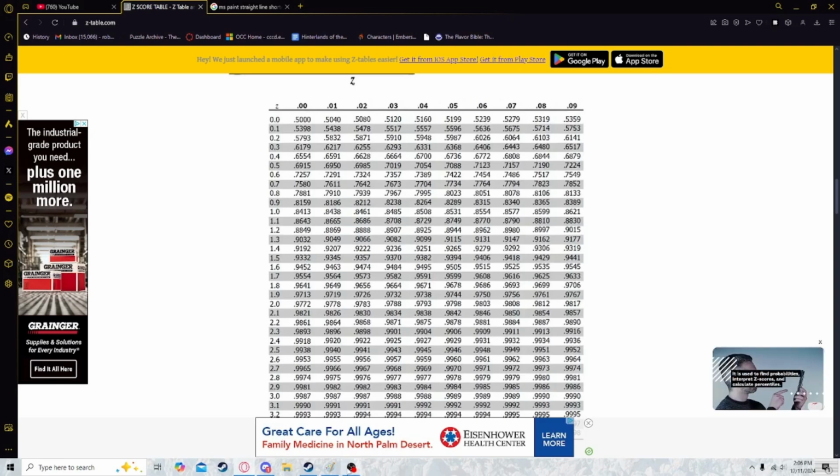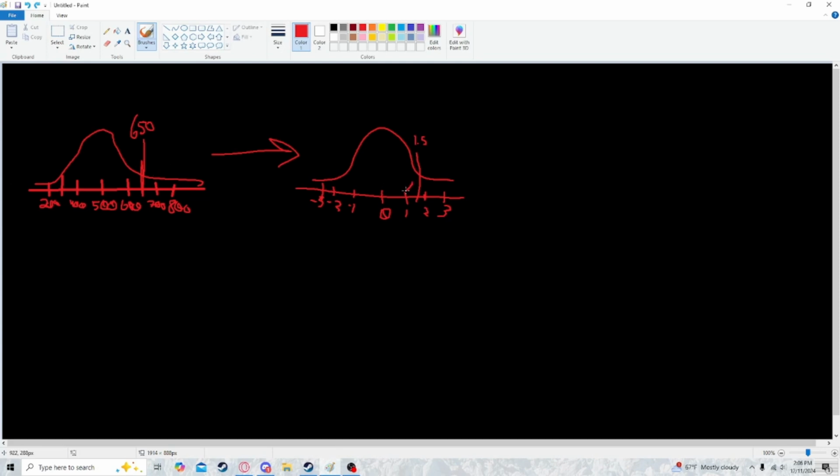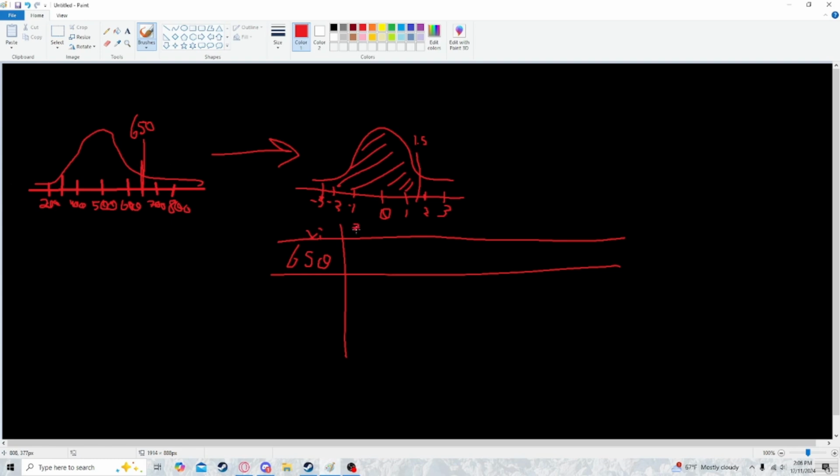So the area below our data point for the first, for 3A, so 650, let's draw a little table here. And then here's the z-score, and the percentage above, and the percentage below, right?